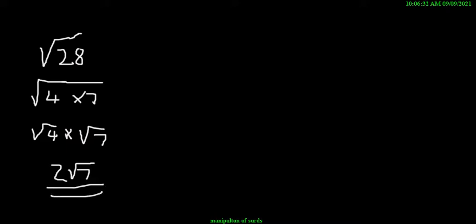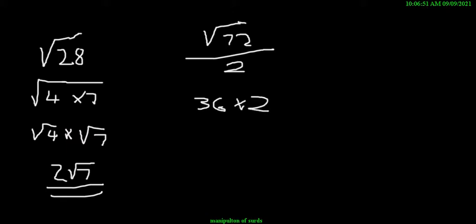Let's try another one. Square root of 72, let's say everything over 2. We first handle the top part. Square root of 72 will be square root of 36 times 2, so it's square root of everything over 2. Square root of 36 is simply 6.